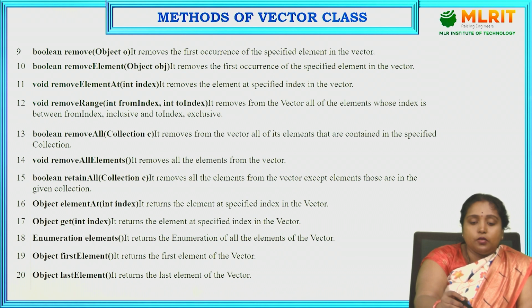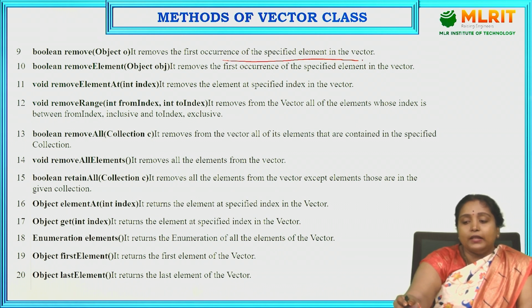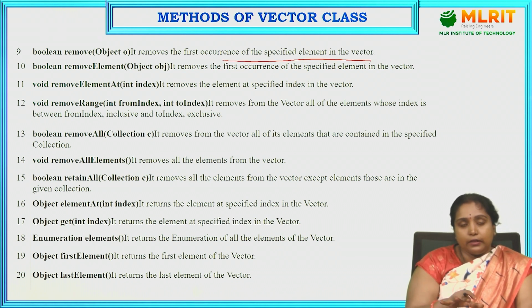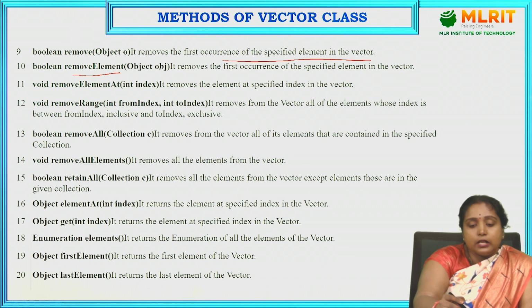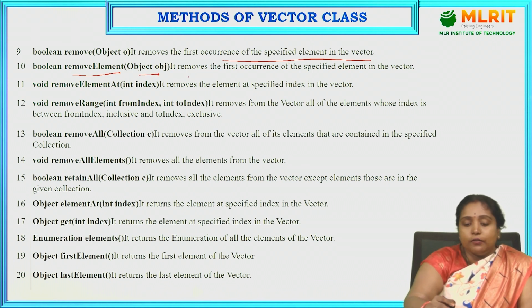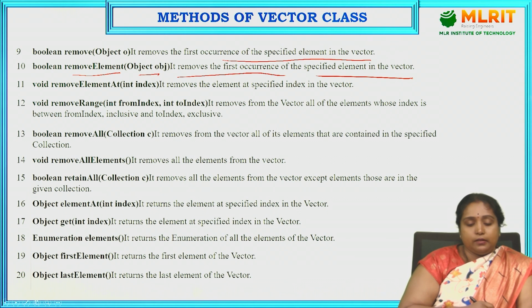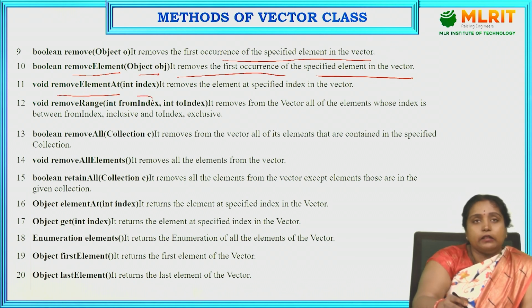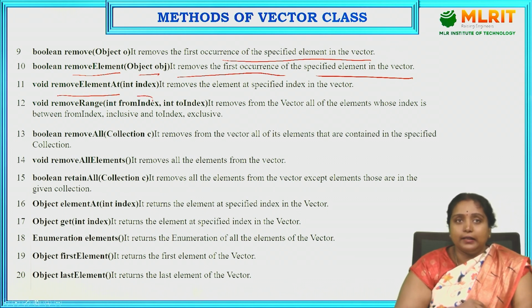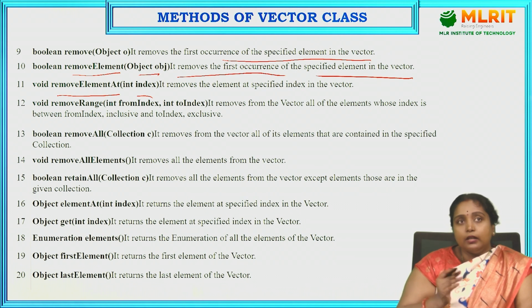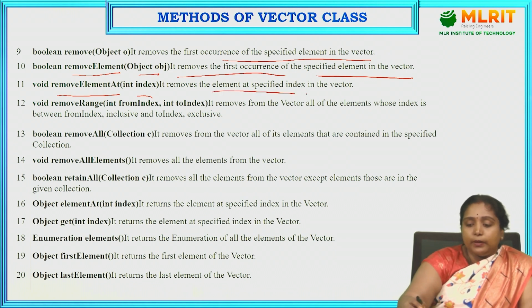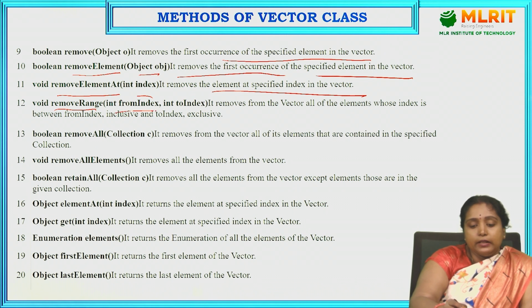remove(object) removes the first occurrence of the specified element in the vector. And removeElement, you are providing the object, so it will remove the first occurrence of the specified element in the vector. And removeElementAt, you have to provide an index value as a parameter, and that will remove the element at the specified index in the vector. And next, removeRange, from index to index.